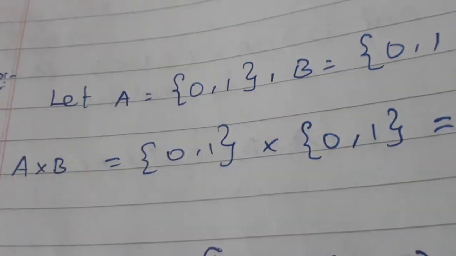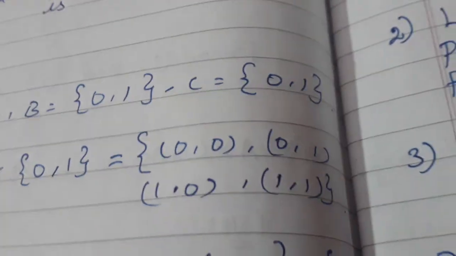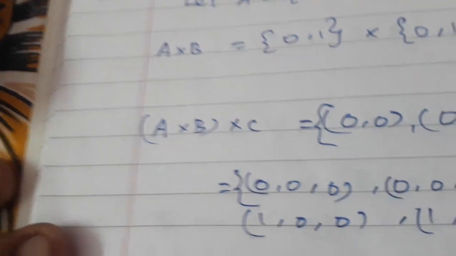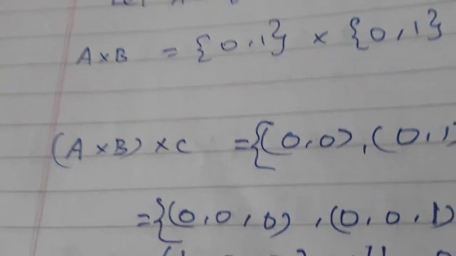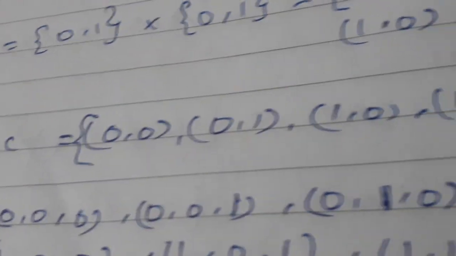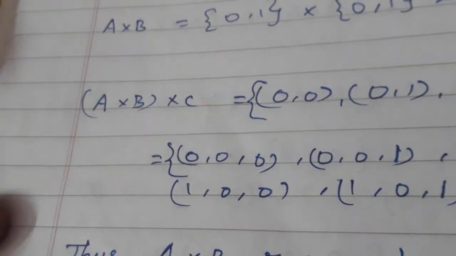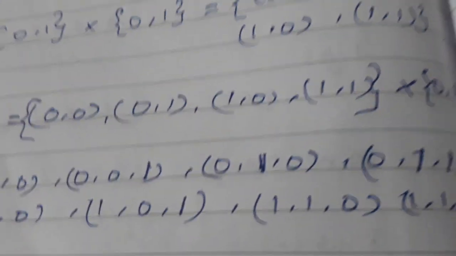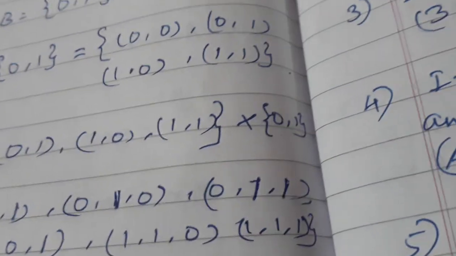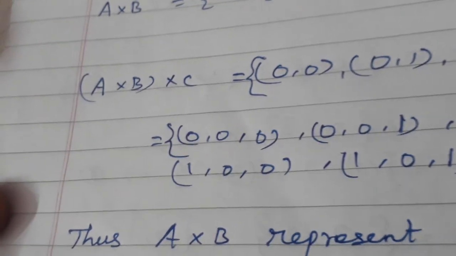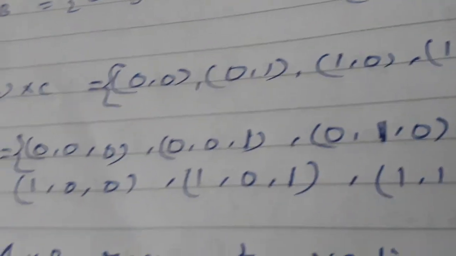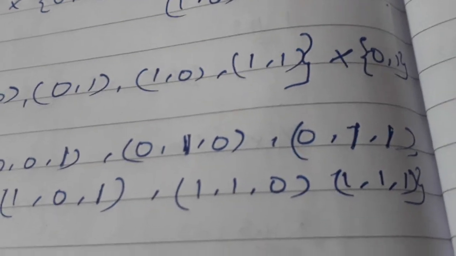A × B = {0, 1} × {0, 1}, that is (0,0), (0,1), (1,0) and (1,1). A × B × C = {(0,0), (0,1), (1,0), (1,1)} × {0, 1}. We get (0,0,0), (0,0,1), (0,1,0), (0,1,1), (1,0,0), (1,0,1), (1,1,0) and (1,1,1).